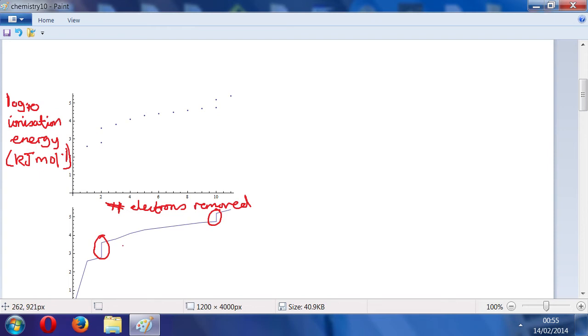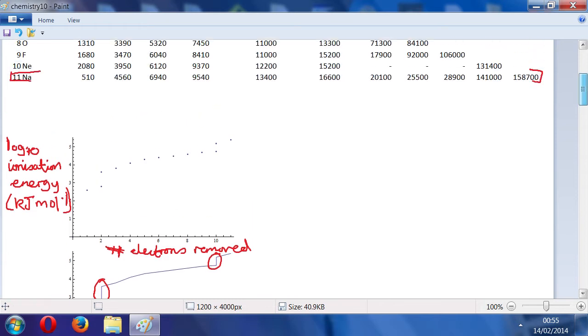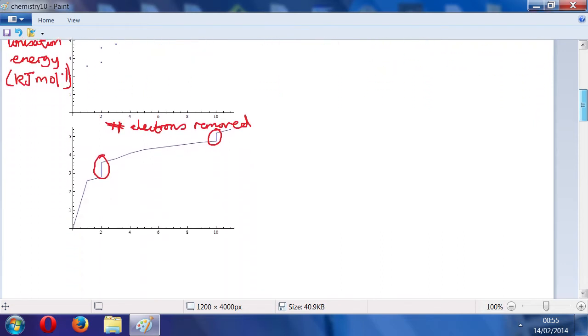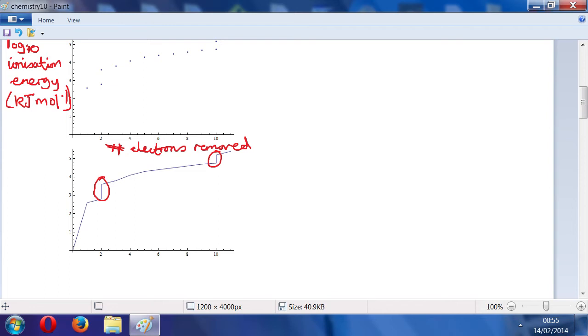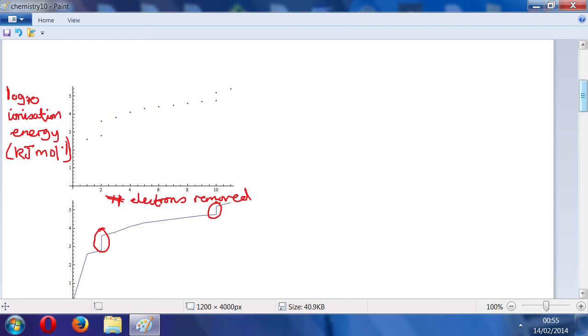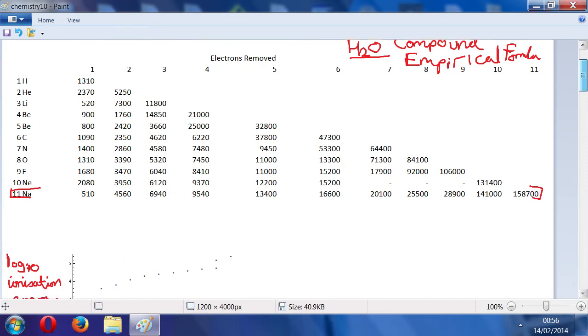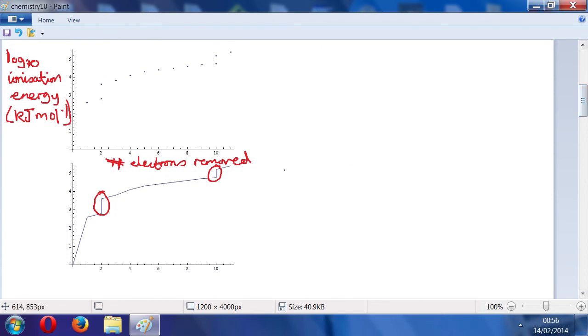It does appear that the energy, just looking at the graph, is interesting, because if you look at the table, it doesn't look like that. At 10 here, it just looks like it's gone boom from 9 to 10, and again, boom, at 2 when we go up.